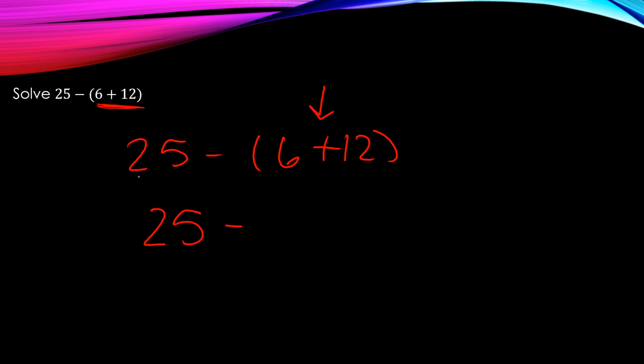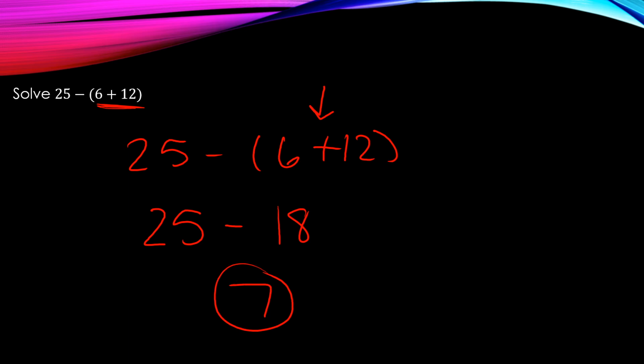Solve 25 minus 6 plus 12. And notice how that 6 plus 12 is in the parentheses. For this one, remember our order of operations, or PEMDAS, right? We want to do parentheses first. So I need to add these two numbers: 25 minus, that doesn't change, 6 plus 12 is 18. 25 minus 18 is going to give me 7.